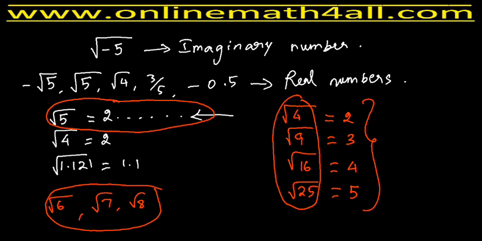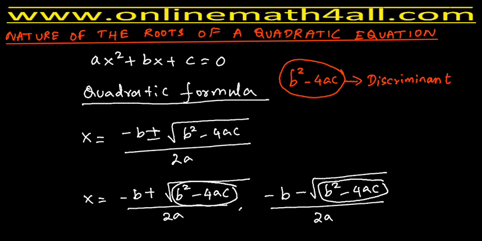Okay, now we can move to the original problem. Already we have the two roots for a quadratic equation, that is x is equal to negative b plus square root of b square minus 4ac over 2a, and the second root is negative b minus square root of b square minus 4ac over 2a. These are the two roots we have.